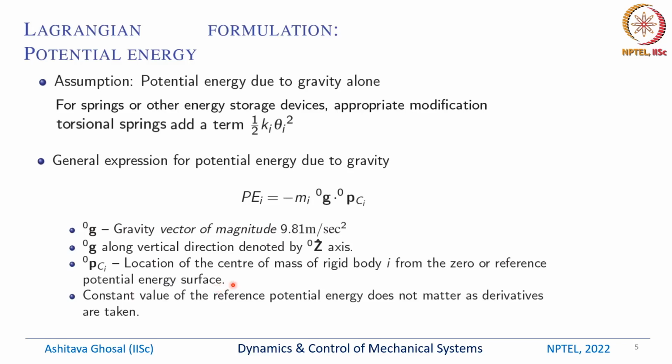In this formulation, we'll see it really doesn't matter where you choose this zero potential energy surface, because whatever it is, it's a constant value, and later on in the Lagrangian formulation, we have to take the derivatives of the potential energy. So derivatives of some constant quantity will go to 0. And so we should not really be worried about what reference or zero potential energy surface you have chosen.